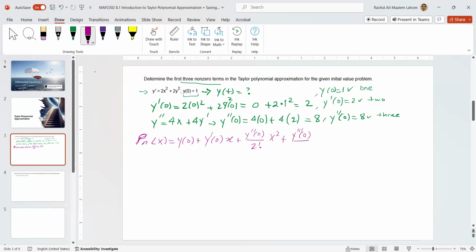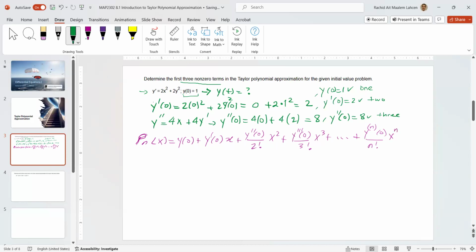If you look at it before, you remember what it is. We did it at one point in this course when we wanted to derive the Euler formula. The general way the terms go is the nth derivative evaluated at 0 over n factorial times x to the n.